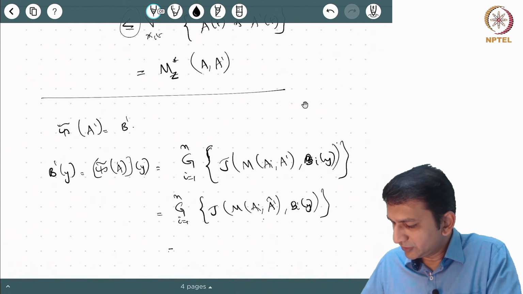Now what is this? This is nothing but psi tilde of A dash cap at Y.